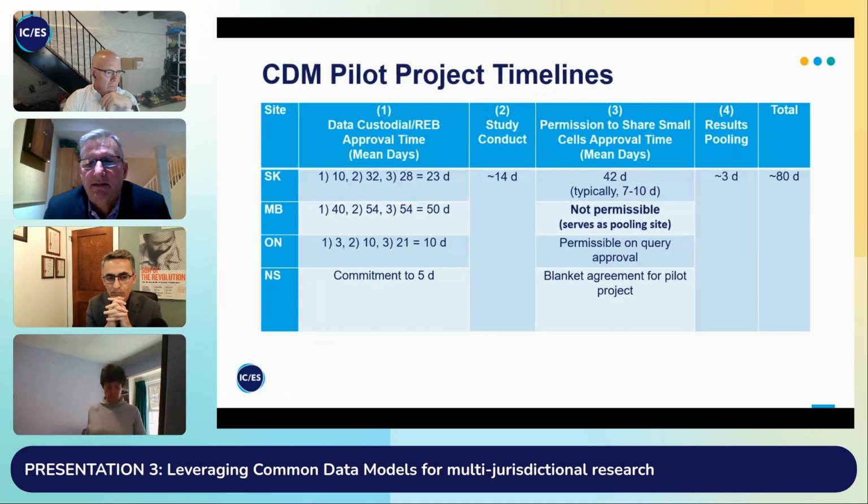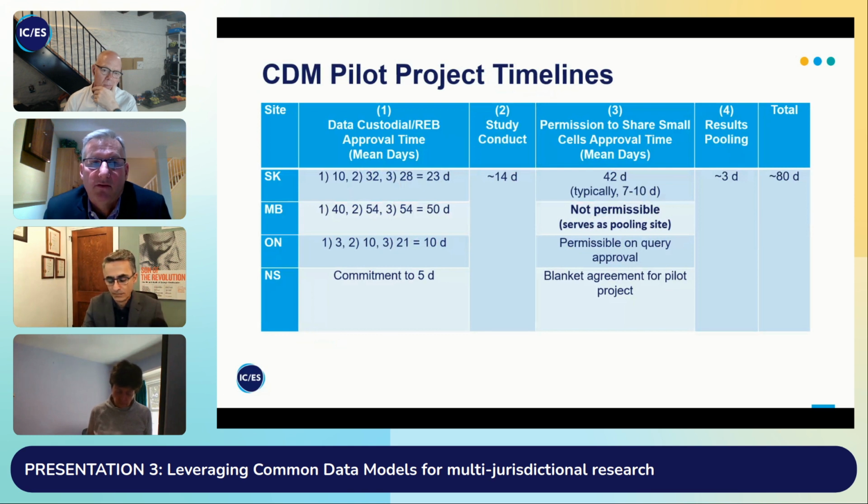But for the purposes of pooling results across sites, we had to seek special permission in order to share those small cell tables so that they could be pooled at a national level. We weren't able to achieve that in Manitoba, so they in fact became our de facto pooling center. And we established protocols for that sharing at the other sites.